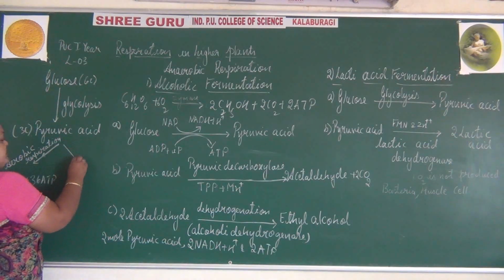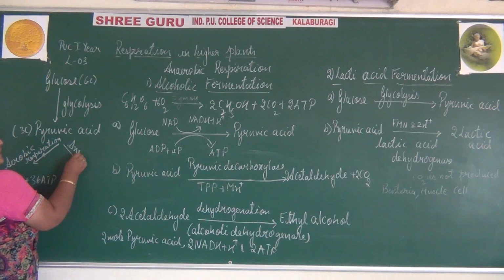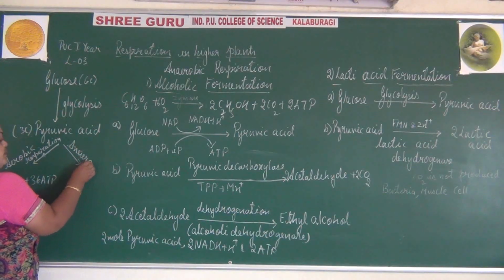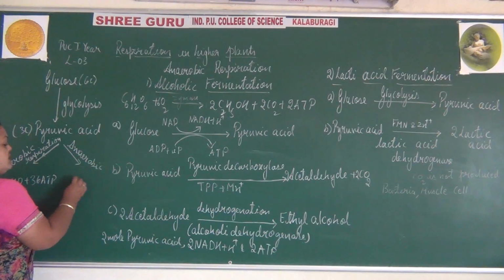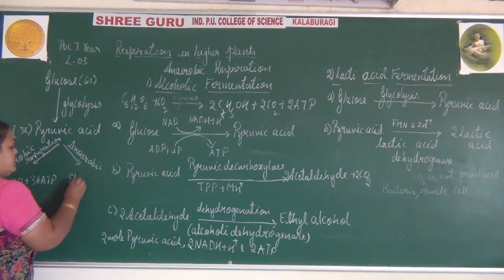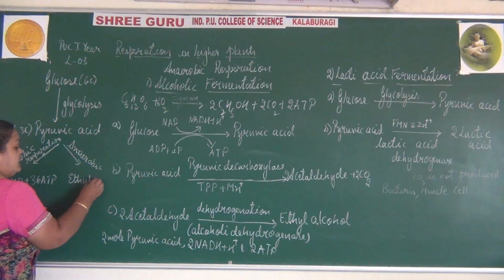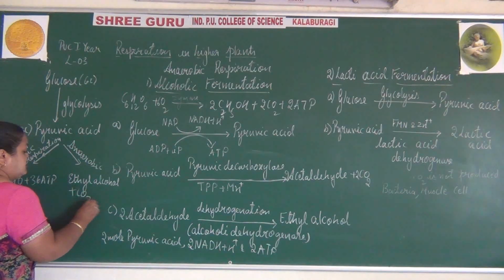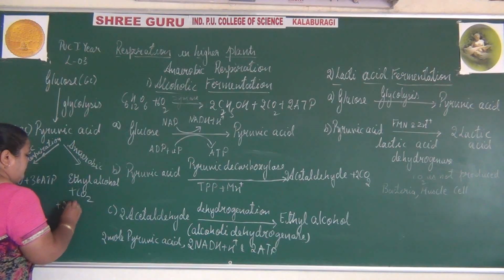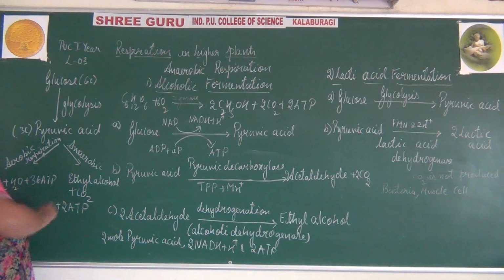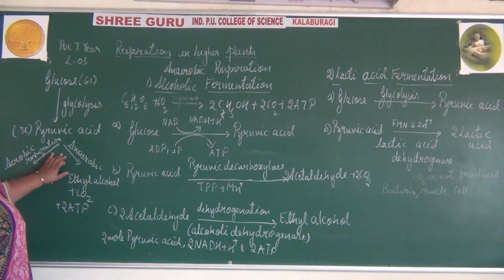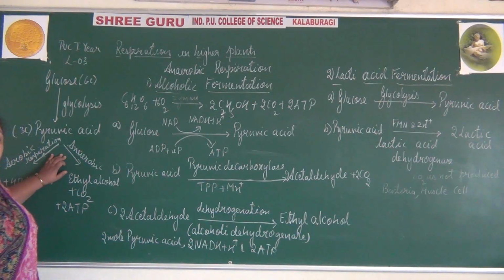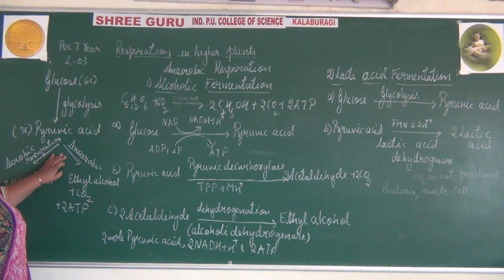But if it enters into the anaerobic process, it can form ethyl alcohol with the release of carbon dioxide and 2 ATP molecules. So anaerobic respiration is the respiration which occurs in the absence of oxygen.